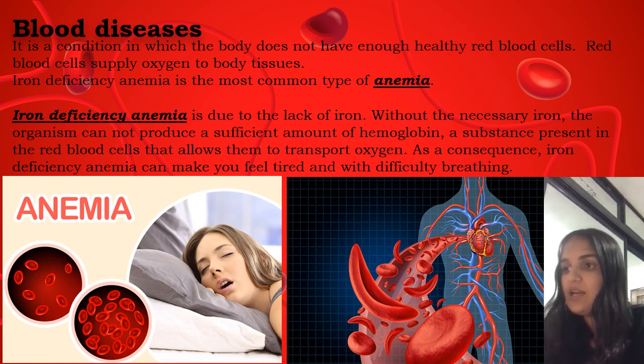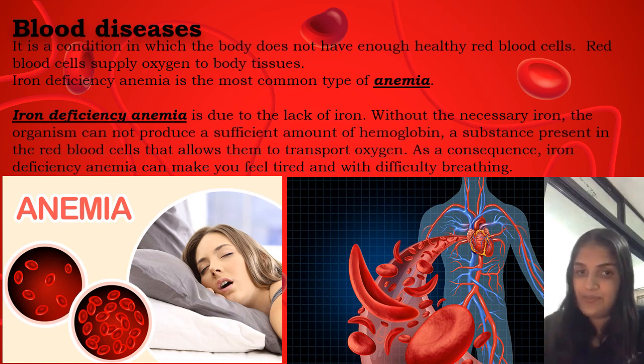Without the necessary iron, the organism cannot produce a sufficient amount of hemoglobin, a substance present in the red blood cells that allows them to transport oxygen. As a consequence, iron deficiency anemia can make you feel tired and with difficulty breathing.